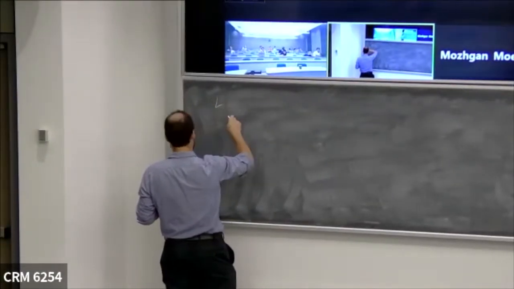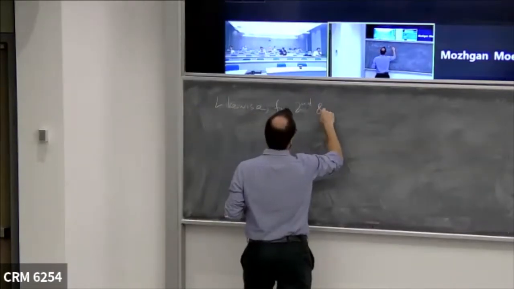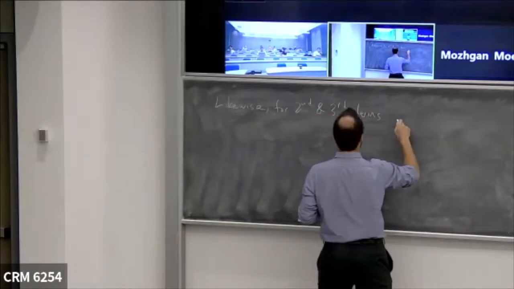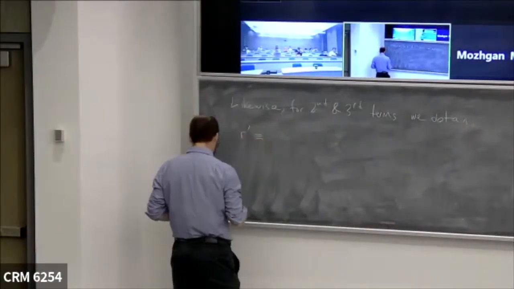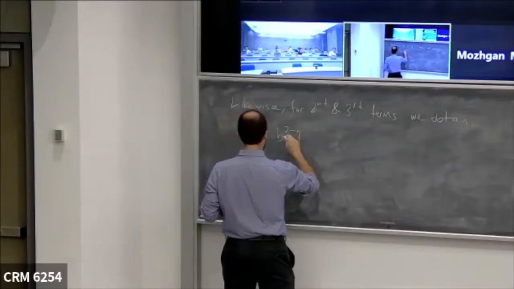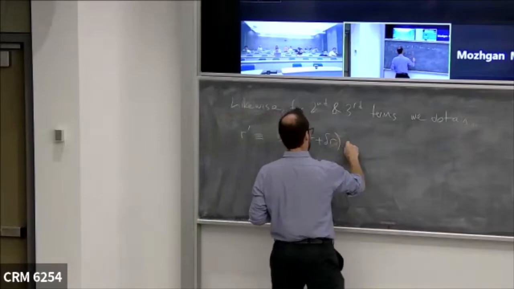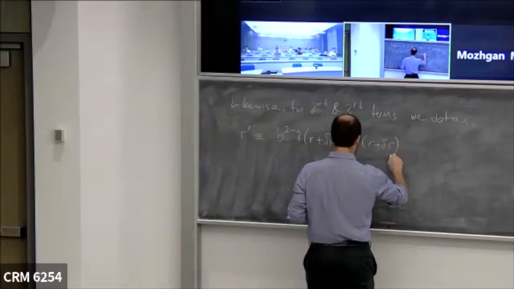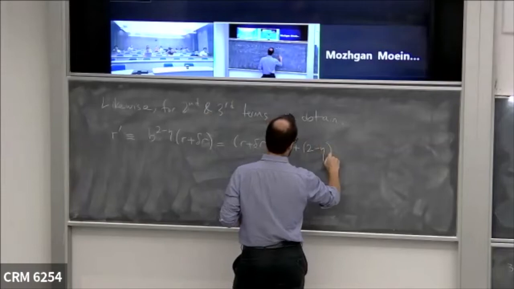So if I plug in this M prime instead of M lesser, what I get for the second and third terms, the M squared and the M to the fourth, you can write the action again in terms of these prime couplings. So r prime will be b to the 2 minus eta, times r plus delta r. Again, b is 1 plus dl, so this is 1 plus 2 minus eta dl.